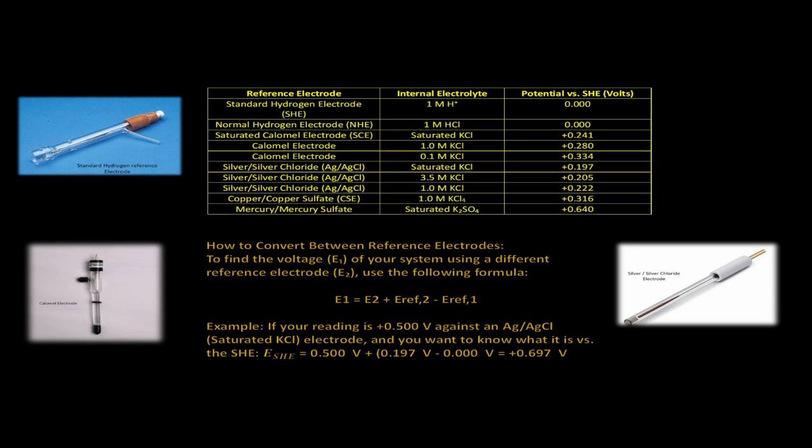As an example, if for some reason you needed to know what your reading is against a silver-silver chloride electrode, one that is saturated with an internal potassium chloride solution, and your reading was 0.500 volts, the voltage for the standard hydrogen electrode would be the 0.500 volts plus the 0.197 volts of the fixed silver chloride electrode minus the 0 volts of the standard hydrogen electrode. This would equal 0.697 volts as shown.